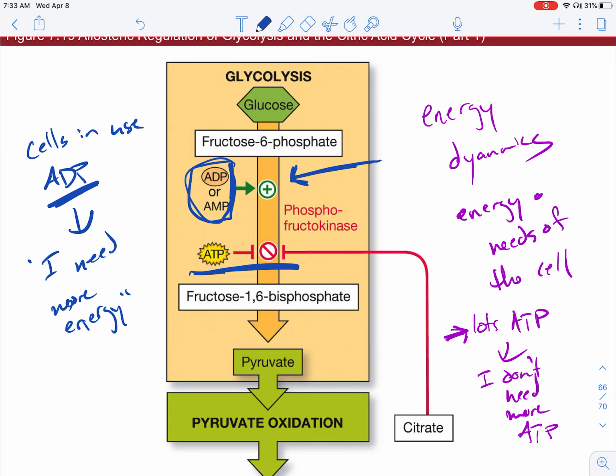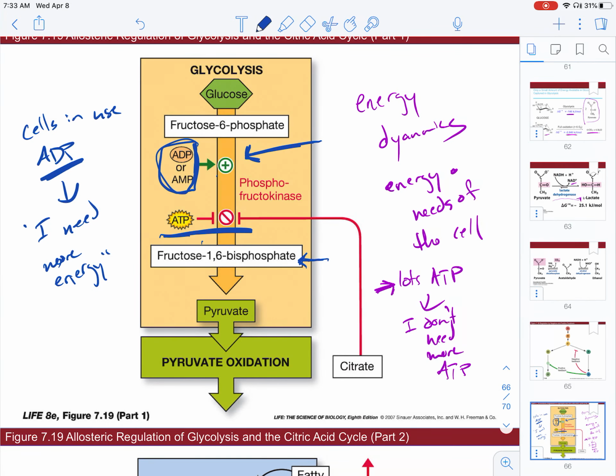And so here you'll see in glycolysis, inhibition by ATP concentrations, enhancement by ADP concentrations, and that tends to work at the level of phosphofructokinase because that's where the cell makes a decision as to whether to invest that second ATP or not.